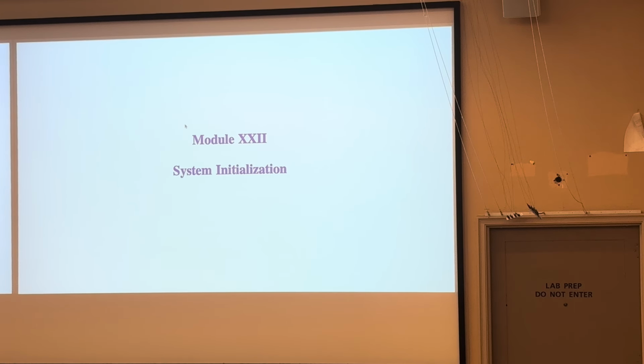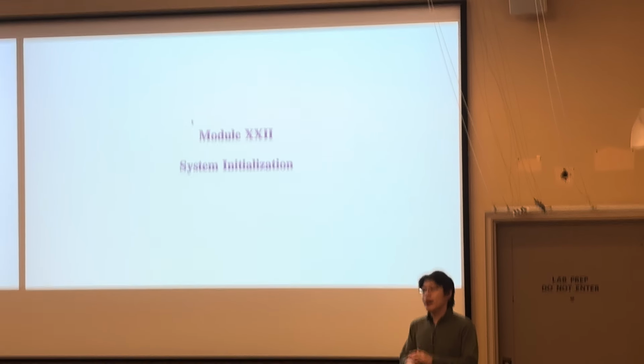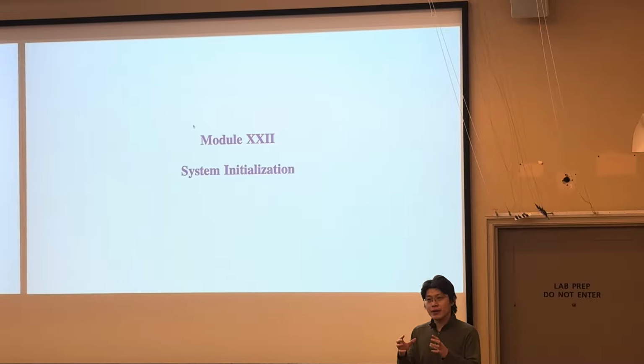You can imagine in the very early days, the simplest way is to assume that the OS is always written to one predefined location on disk. And your machine's hardware can be hard-coded so that it always goes to that location to load your operating system.